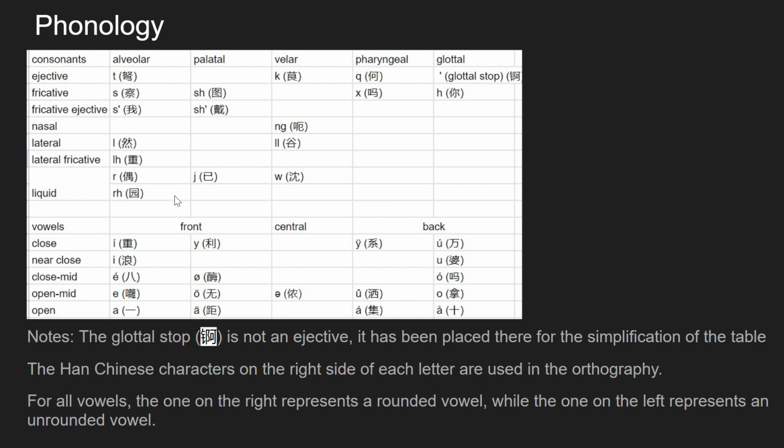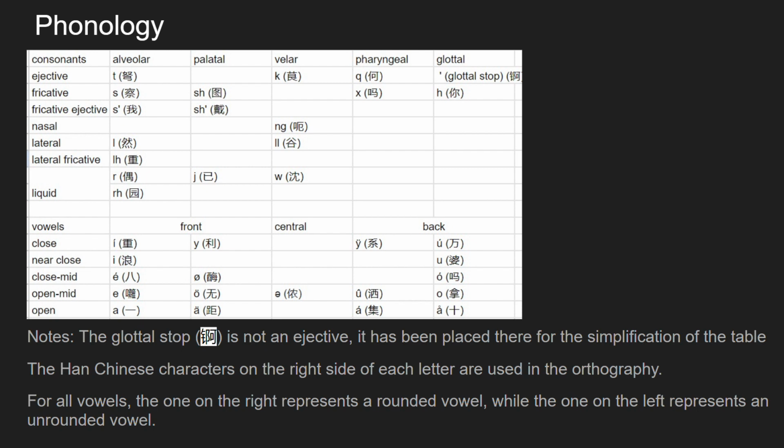Those are all of the consonants, and the vowels go e, u, u, e, e, o, e, o, a, o. And the Han Chinese characters on the right of every single sound are the letters that are going to be used in the orthography.